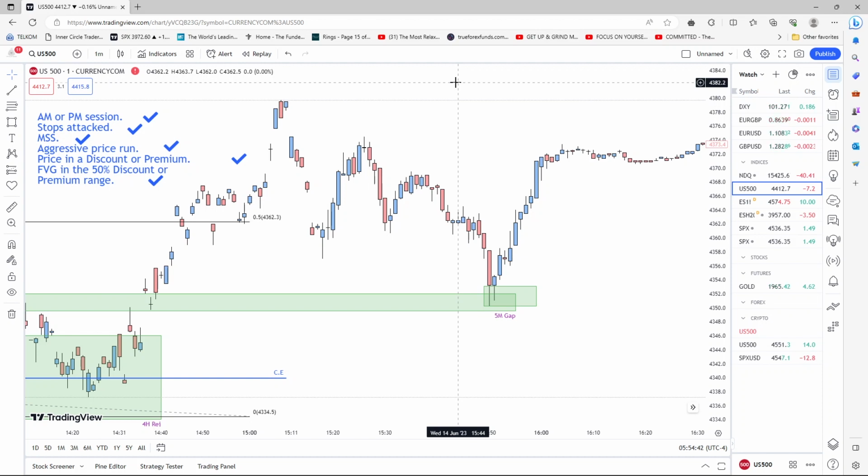There are things that you look for in the market before you even consider taking a trade. Specific conditions, specific news events, specific days, specific times. There are so many factors that come together before you look at even taking an entry.